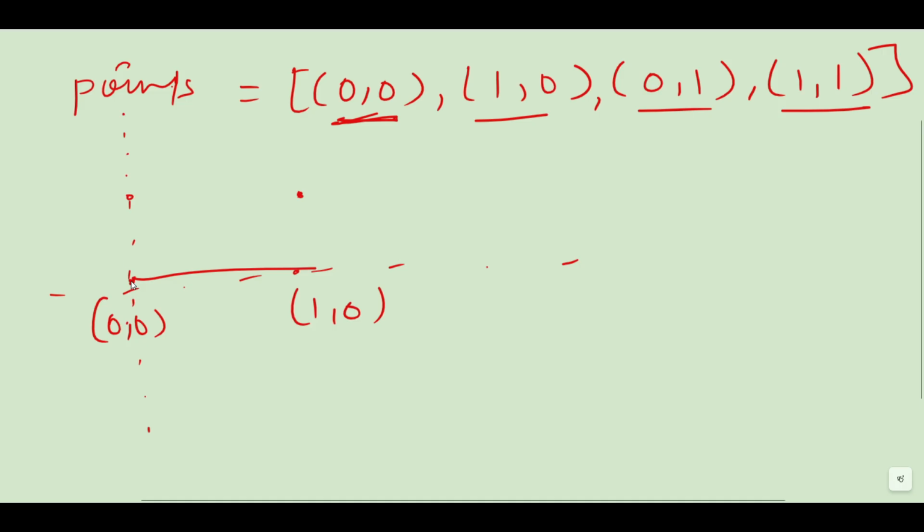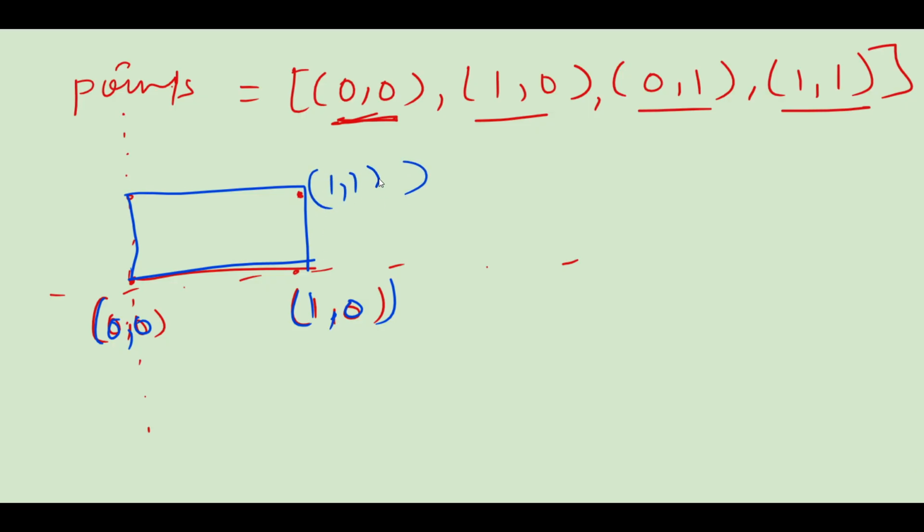So we are forming this, and this is your 0 0, then 1 0, and this other point we have to find is 0 and 1. Understood? So these points we have been given.